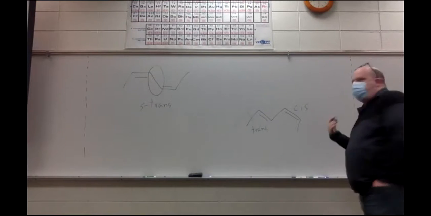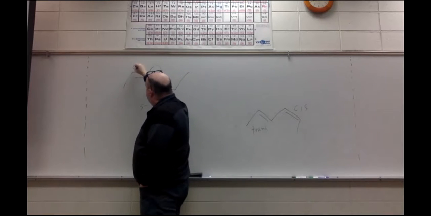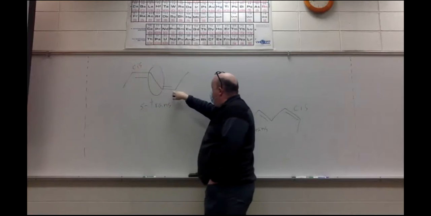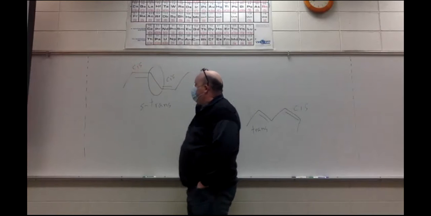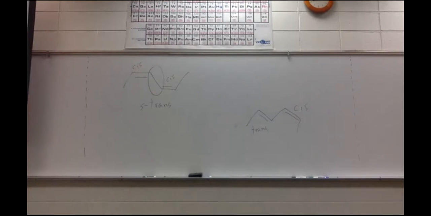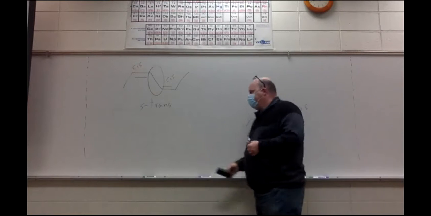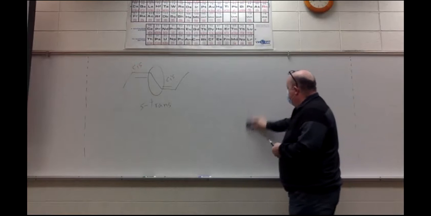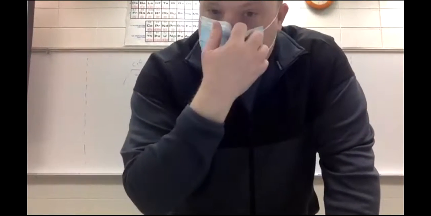So there's a lot of stuff to describe here. Around this double bond, we have a cis arrangement. Around this double bond over here, we also have a cis arrangement. But around this single bond, we have an S-trans relationship. It's very head-trippy. Let me find a couple of other good examples here.